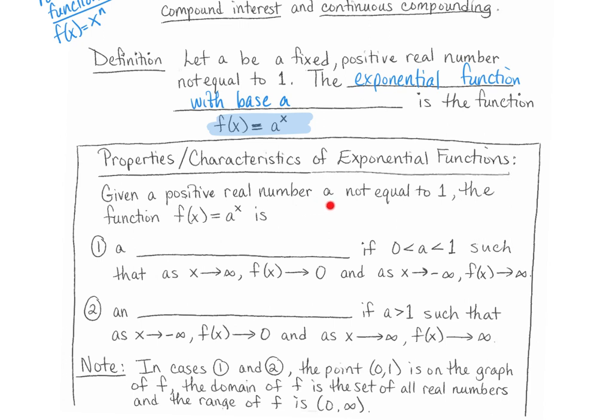Given a positive real number a that's not equal to 1, the function f of x equals a to the x is a decreasing function if a is between 0 and 1, that's important, such that as x approaches infinity, f of x approaches 0, and as x approaches negative infinity, f of x approaches infinity.